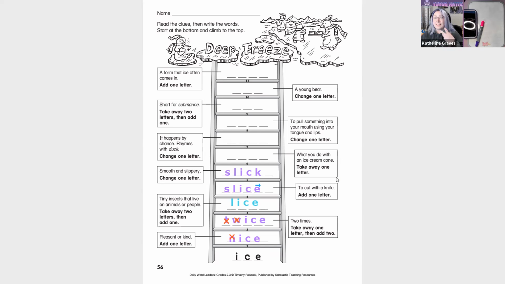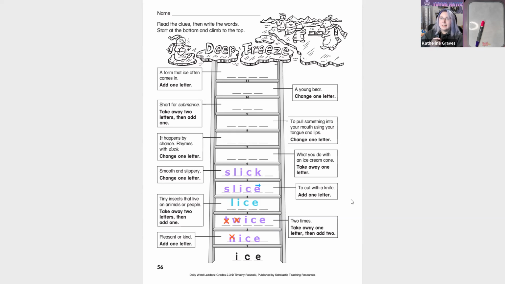Take away one letter. I have my very tasty ice cream, right? This is a root beer, not a beer, just so that you know. It's not alcohol. But I'm going to pretend that I'm holding an ice cream, and I want to eat my ice cream.